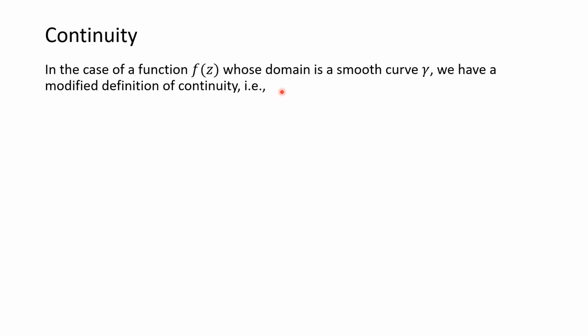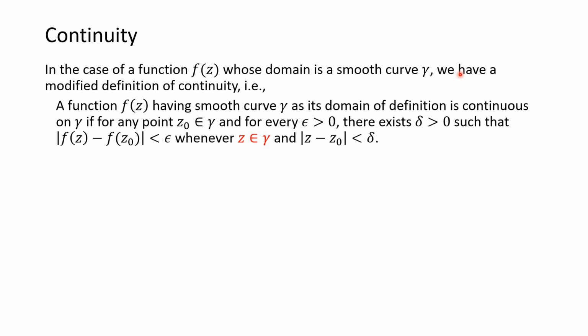In the case where a function has a domain which is a smooth directed curve, we have a slightly modified definition of continuity. You see here in red is the difference. Let's just read it.